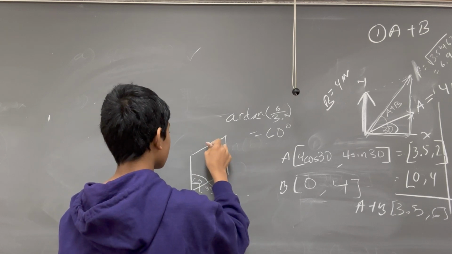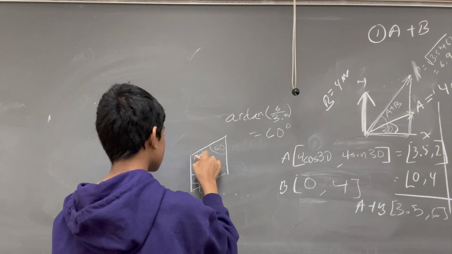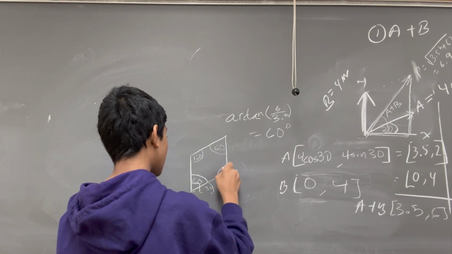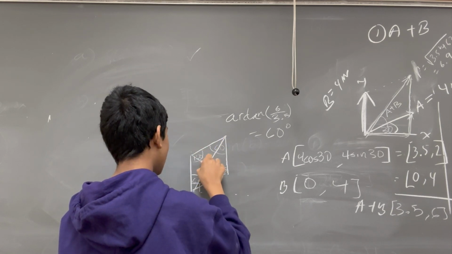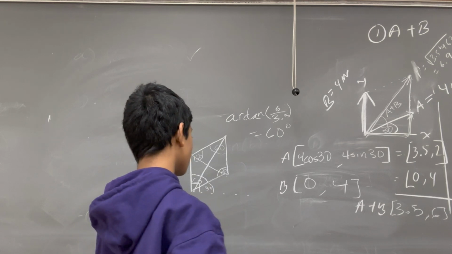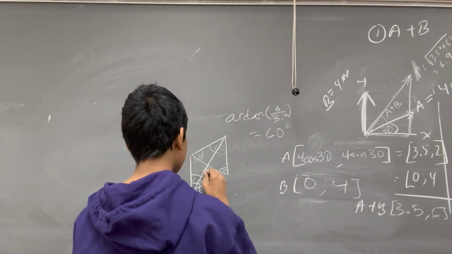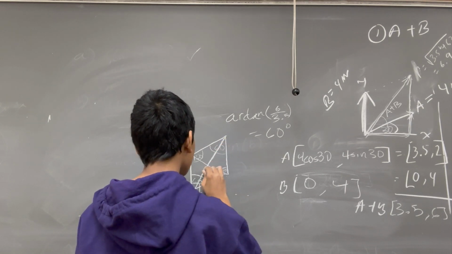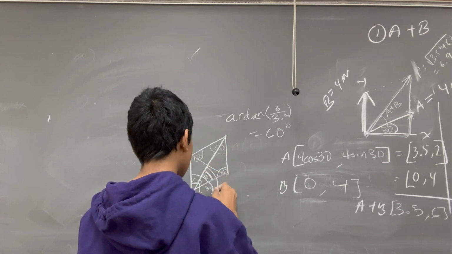Since this is a parallelogram, this opposite angle is 60, this is 120, and this is 120. The diagonals of a parallelogram bisect the angles, and since this is a rhombus, they also bisect each other. So this angle over here is 30, and their sum has a resultant angle of 30 plus 30, which is equal to 60.